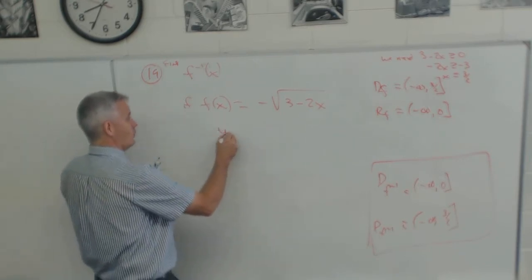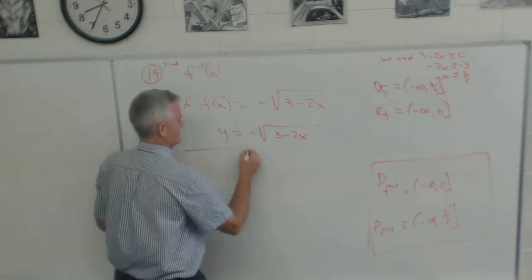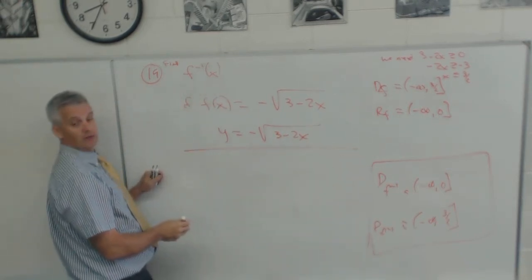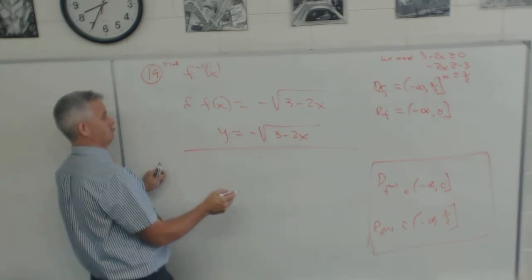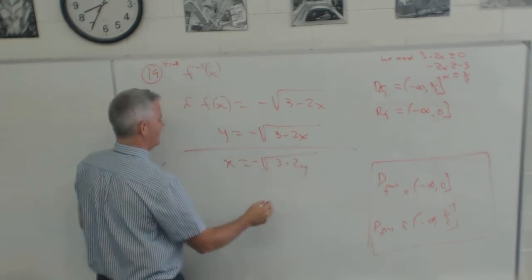Now, I'm going to write this as y equals the opposite of the square root of 3 minus 2x. So, we swap, and what do I write next? This is Spencer's, right? x equals negative square root of 3 minus 2y. Next line?